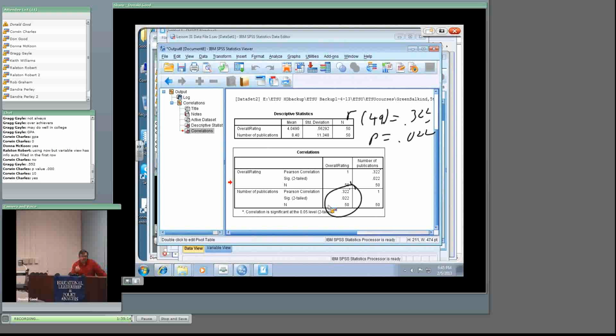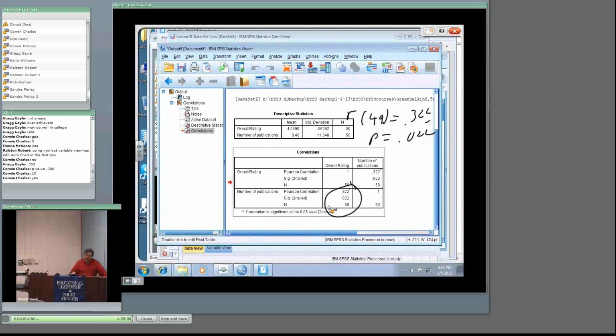There's a significant correlation because the p-value is less than 0.05. It is positive because the R value is positive. There's a significant, strongly positive correlation between the overall rating and the number of publications. You're rated higher, you tend to have more publications. You're rated lower, you tend to have fewer publications.